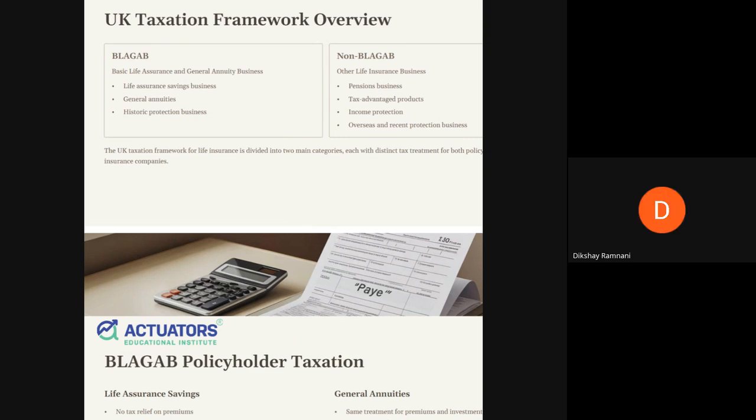But for a savings business, you will always have a policyholder profit, because they will have a greater maturity benefit than the total amount of premiums they have paid. Agreed?